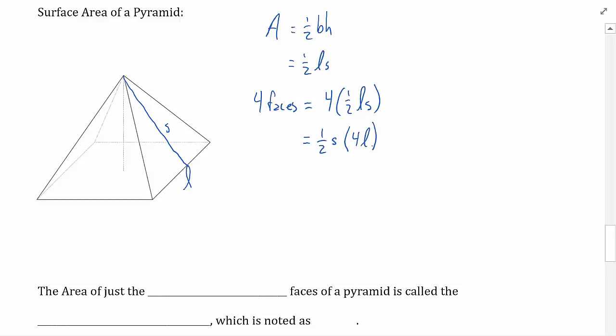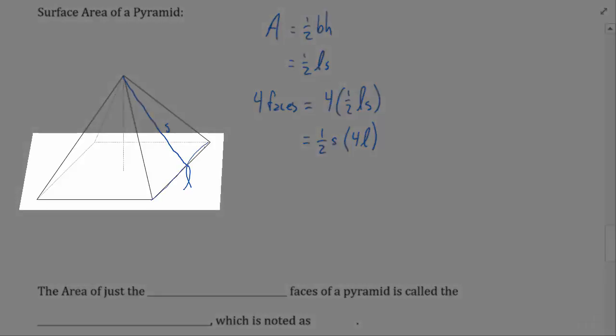And I want to highlight the 4L because if you consider what 4L means, 4L is the perimeter of the base.